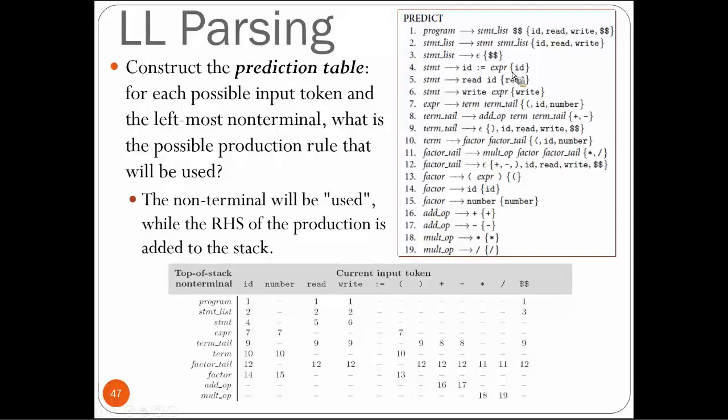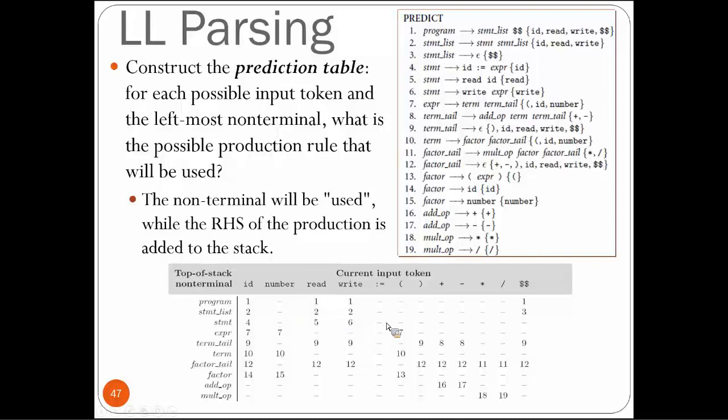Now let's look at statement. Statement with an ID, use production rule number 4, with a read, use production rule number 5, with a write, use production rule number 6.